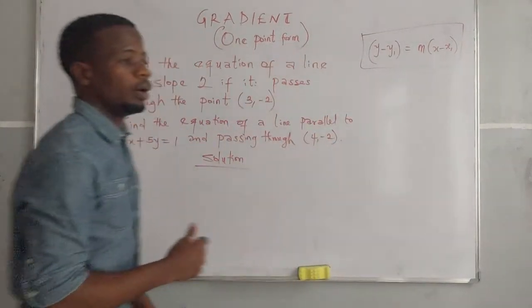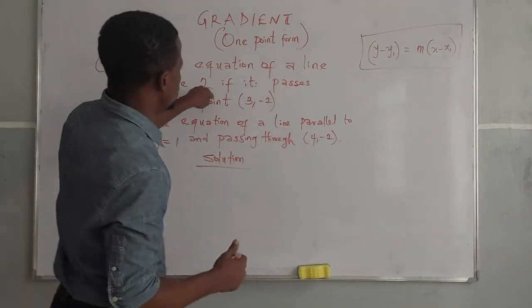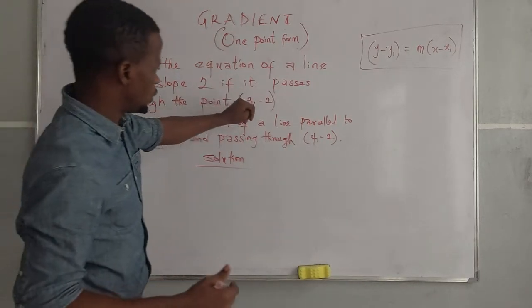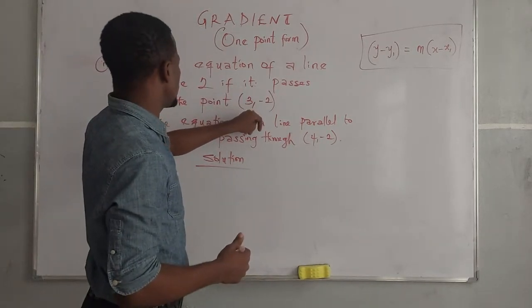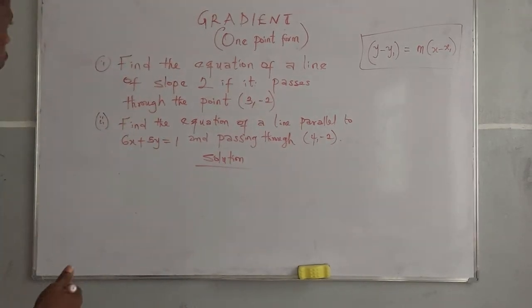First question that we have: find the equation of the line of slope 2 if it passes through the point 3 and minus 2.